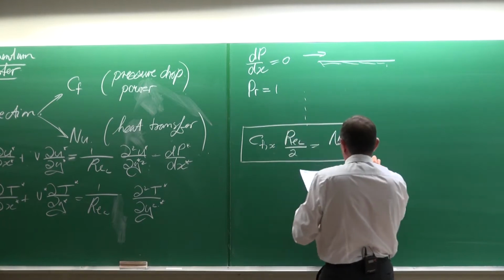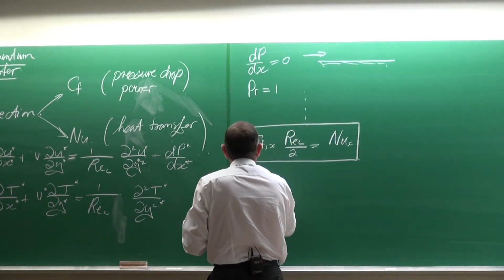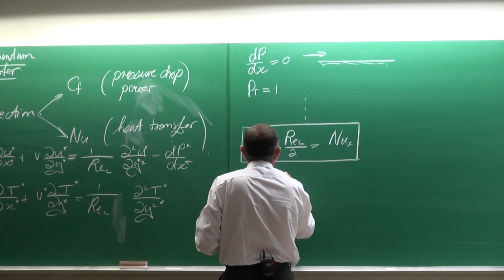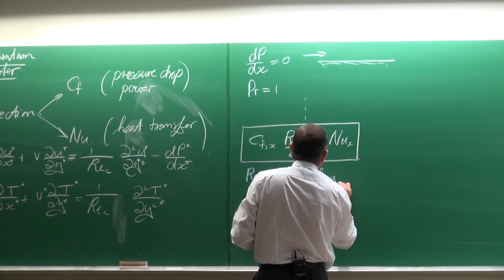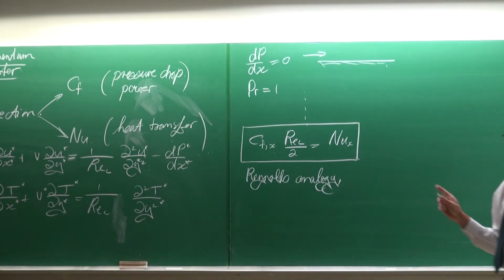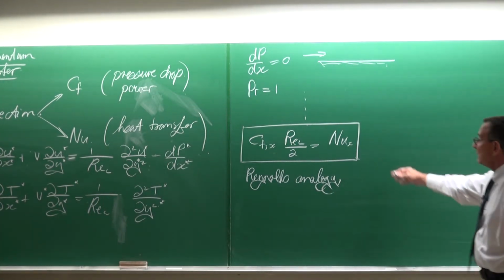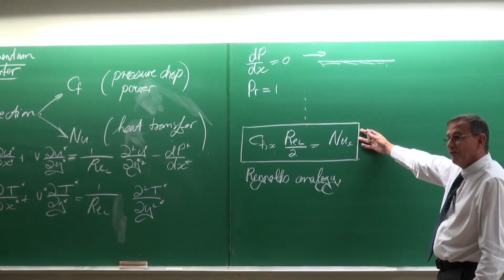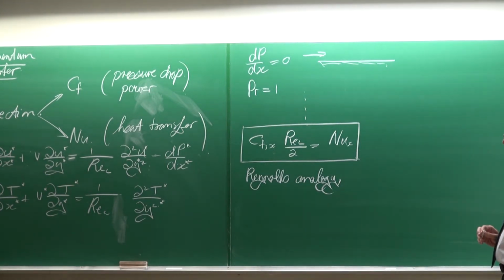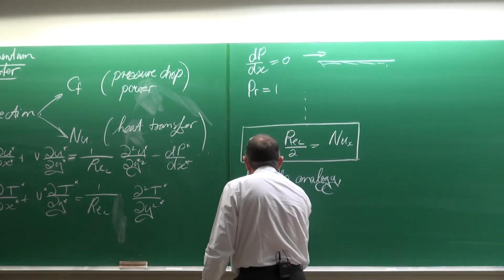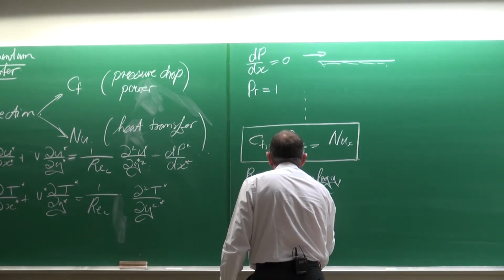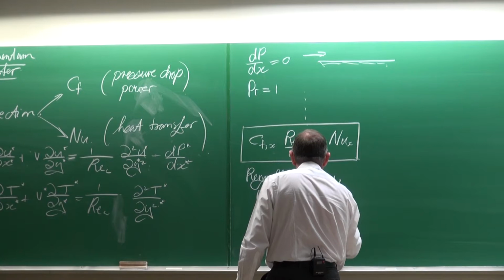And this is called the Reynolds analogy. The Reynolds analogy, a very important equation, but not appreciated enough by, I think, many people. Reynolds analogy, however, take note, it is valid for Prandtl number equal to 1 and for a flat plate.